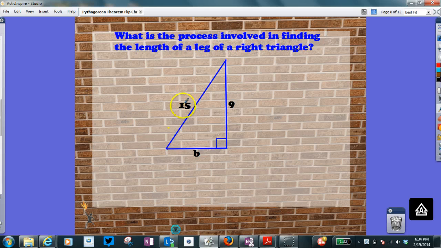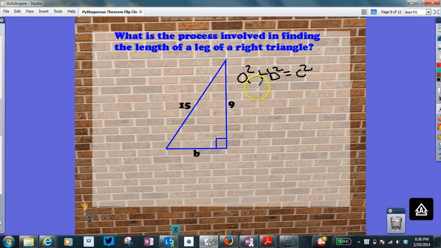So I switched it up. Now you have the hypotenuse. You have a leg, but you don't have the other leg. So we've got to change this around a little bit. There's really nothing major to this. I remember my formula, a squared plus b squared equals c squared.